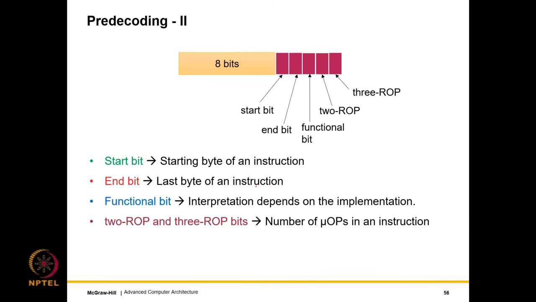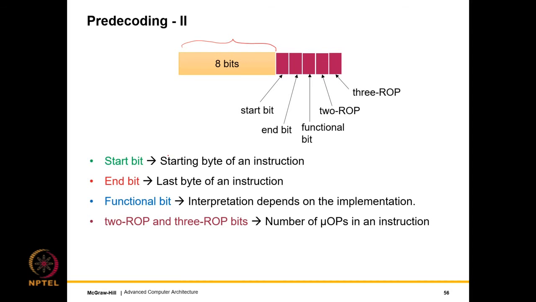All right, so let's see. This particular patent by Narayanan and Tran in 1999 says that for every instruction byte, which is 8 bits, we use 5 more bits of information, which if you think about it is a sizable overhead, but this is actually required for performance reasons. So the 5 bits are as follows.